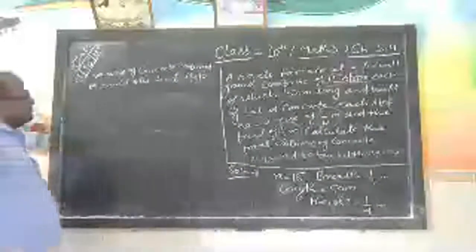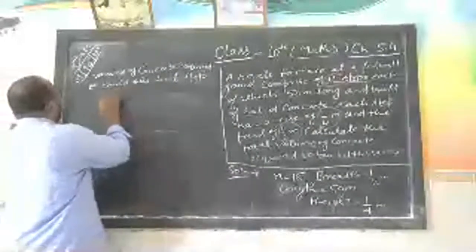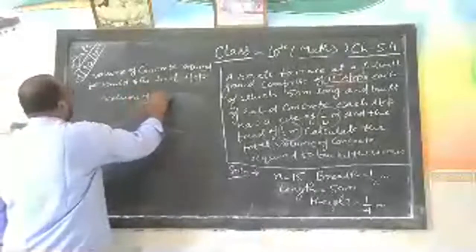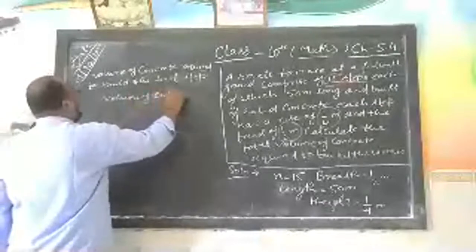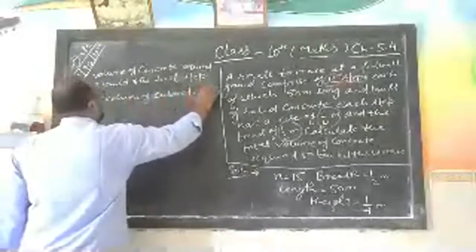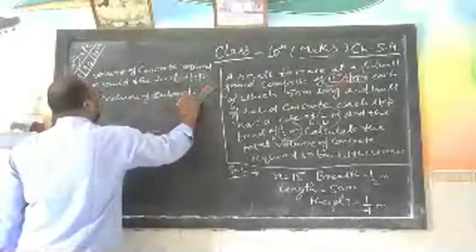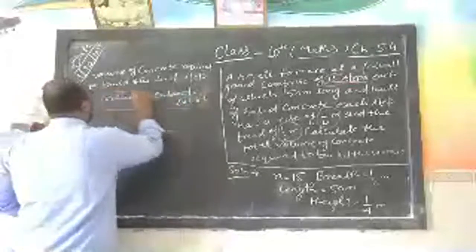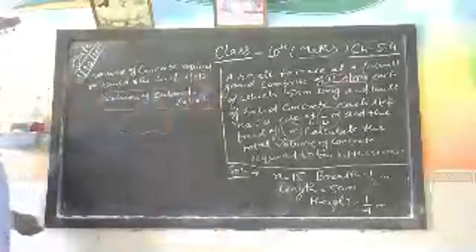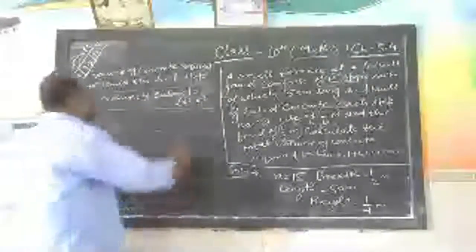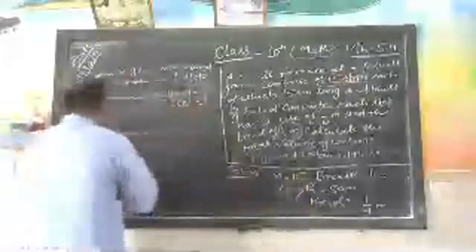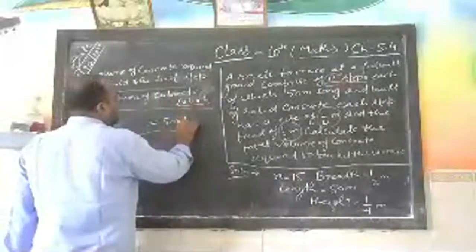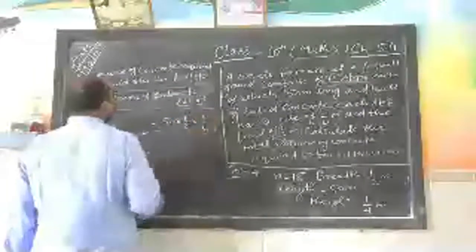You know the general formula: volume is L into B into H, and you have length 50, breadth 1 upon 2, and height 1 upon 4.